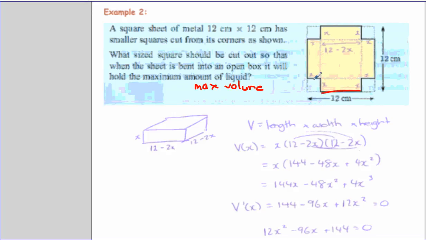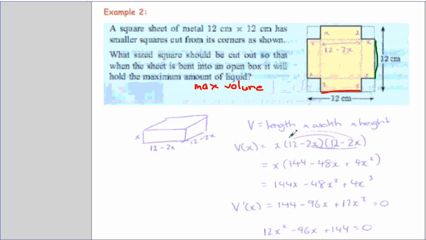So that's why I called this little width here 12 minus 2x. And this length here, similarly, will be the same thing, 12 minus x minus x. So that's why the other length is also 12 minus 2x. So if you folded it up, it would be 12 minus 2x by 12 minus 2x by x.